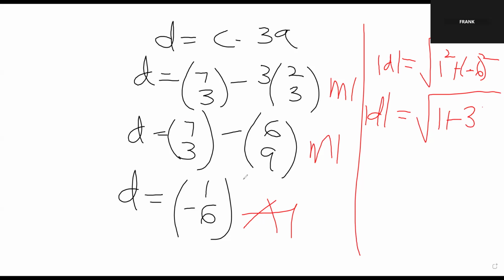Next, 6 squared is 36. So our answer is the square root of 37 units. So for correct substitution, like I did, M1. Then for getting root 37, A1.